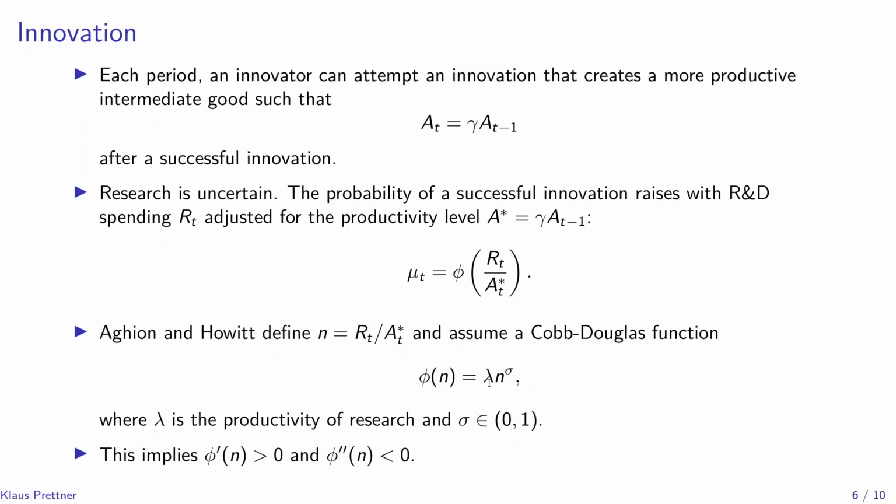Lambda can be interpreted as the productivity of research, and sigma is between 0 and 1 and introduces a concavity of this function. So the first derivative of phi with respect to n is positive, but the second is negative. You have a concave function where the probability of a successful innovation rises with the resources that an innovator spends on innovation, normalized by the current state of technology.